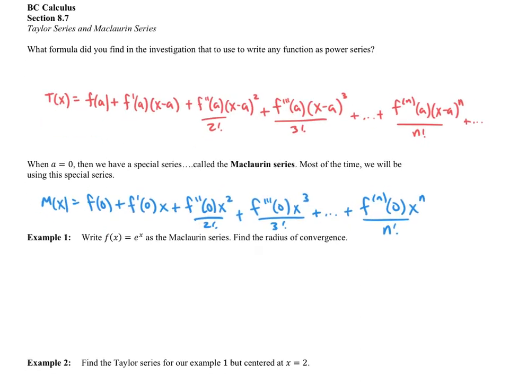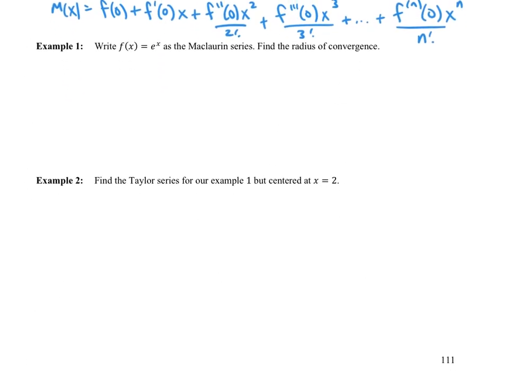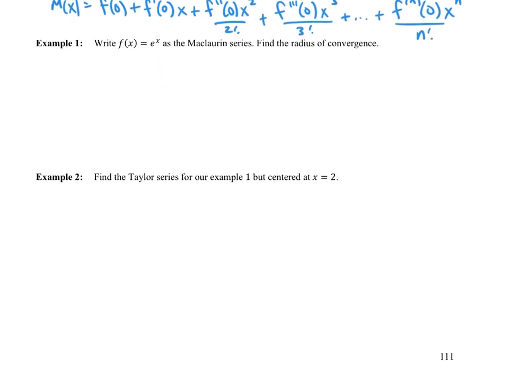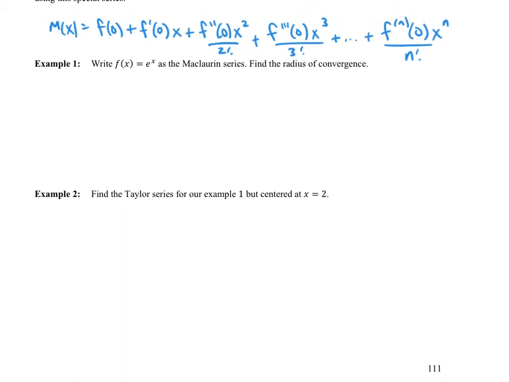All right, let's talk about e to the x. Now, we've discussed it as a class, but just as a quick review, if you were to think about generating this, we're going to do a center of 0 for this one. So if we were to use that blue form above, we have f of 0. Let's start with f of x, which is of course e to the x, and f of 0 then would be 1.